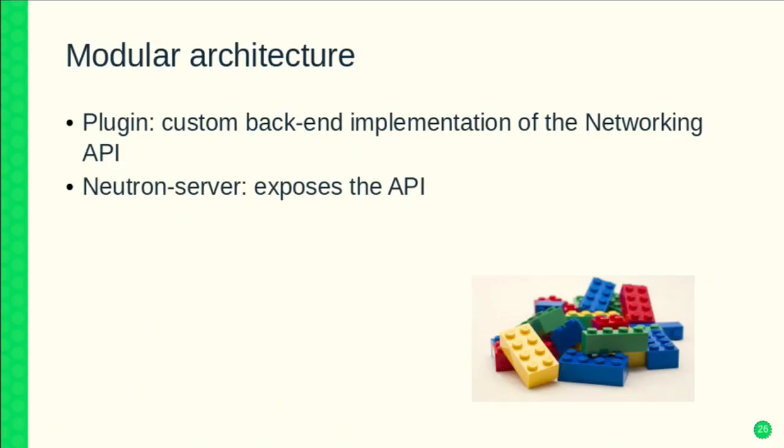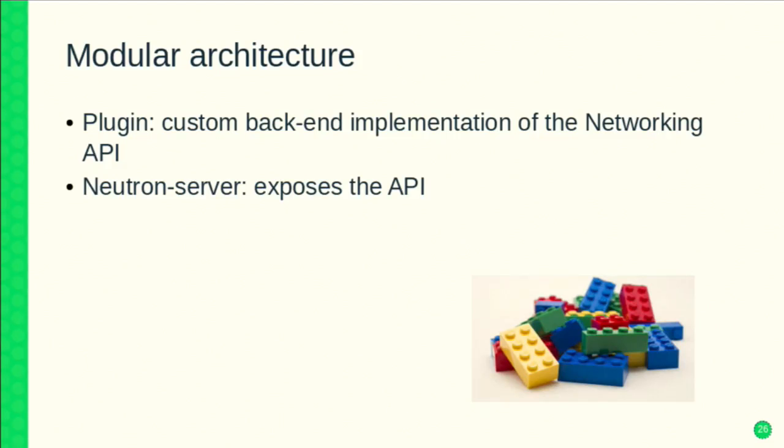Almost every concept in the physical world is mapped into the virtual one. One of the strong points of Neutron is that it's pluggable and modular. On the back end, you can use lots of different technologies, because there's this concept of plugins. To use Neutron, you have to define a plugin, and this plugin will then take care of doing the real plumbing.